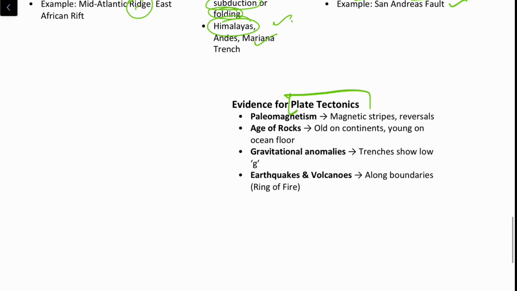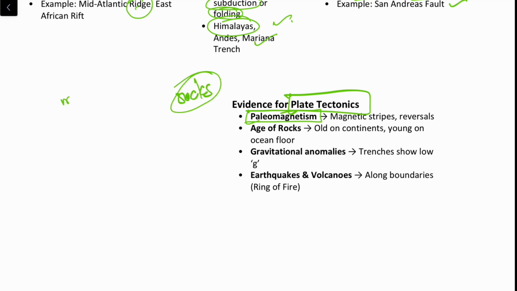Evidence of plate tectonics. So what is the evidence provided by the plate tectonic theory here? The first one is paleomagnetism. Paleomagnetism is the study of the magnetic material of the rocks.